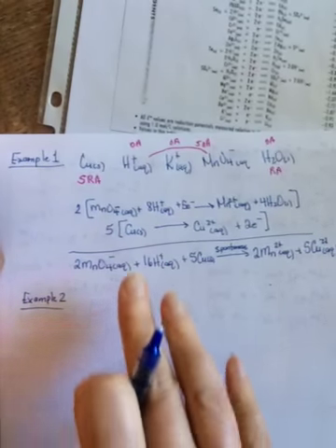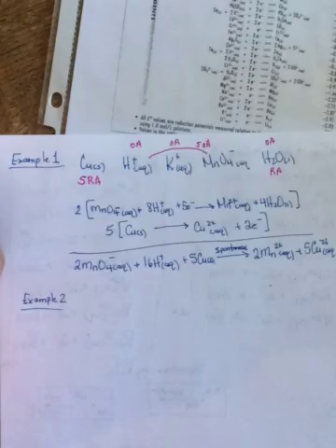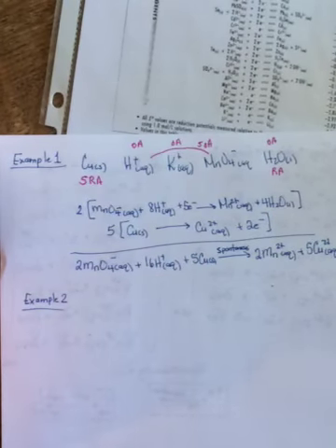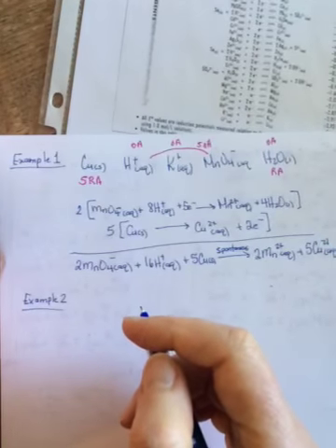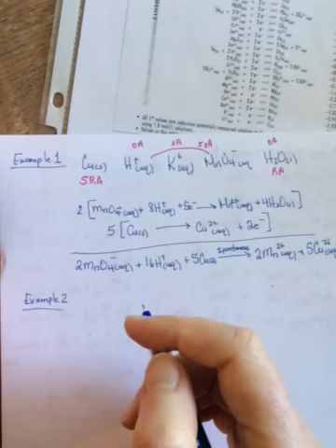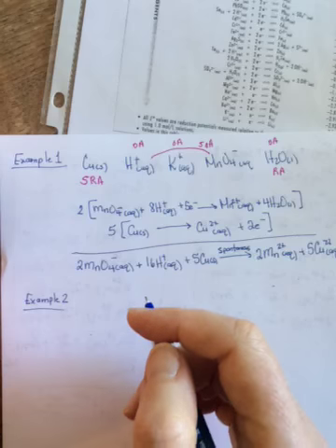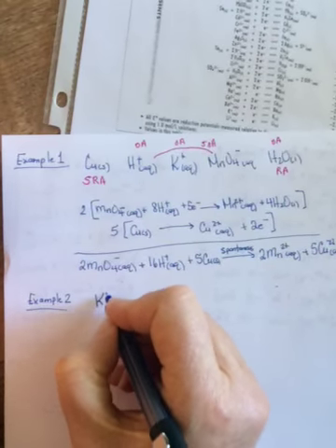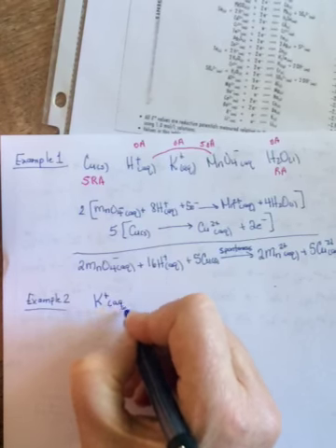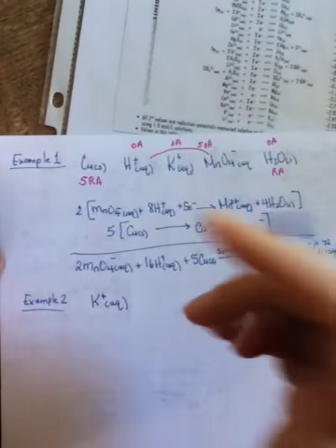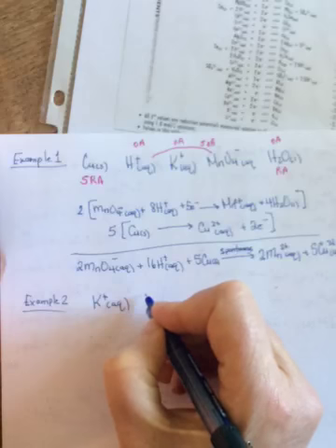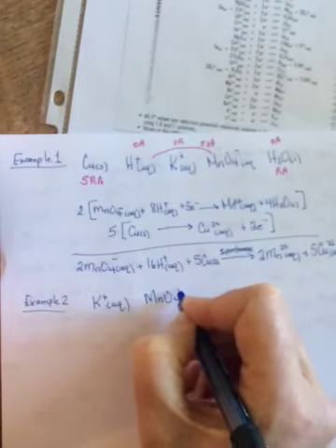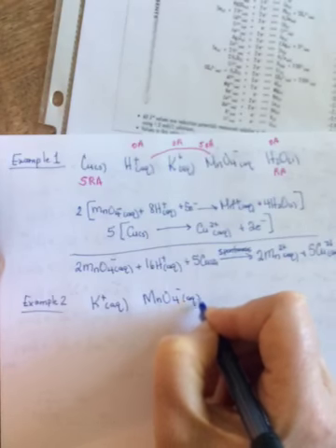Okay, so time to do a couple more examples of predicting redox reactions. Example 2 on the sheet of notes you have says potassium permanganate solution is poured into an acidic iron 2 sulfate solution. So potassium, and it says solution, so it's going to dissociate. Permanganate, so that's the MnO4 negative again, aqueous.